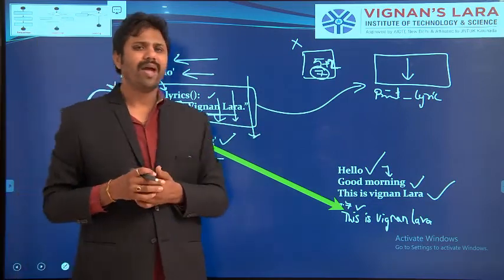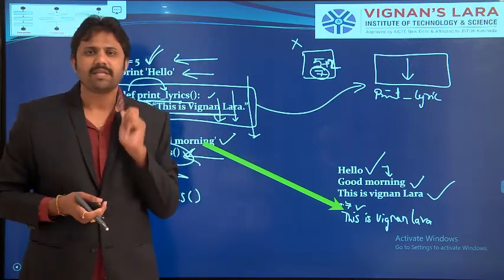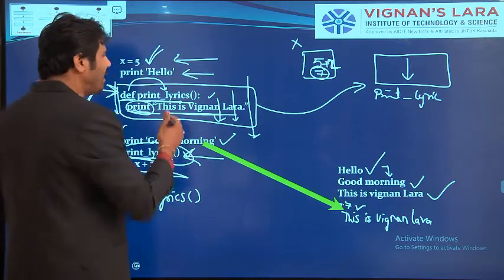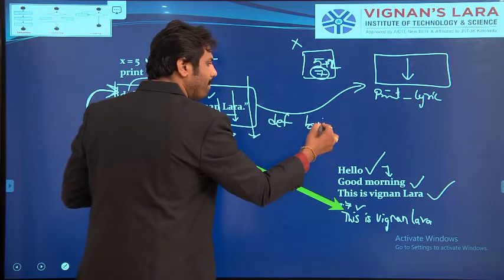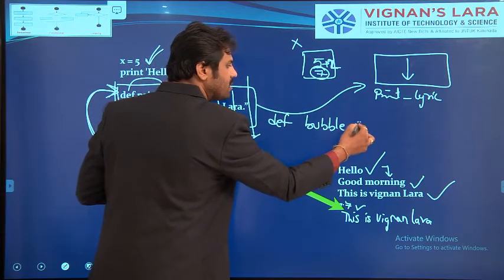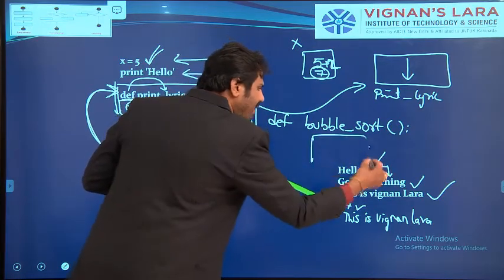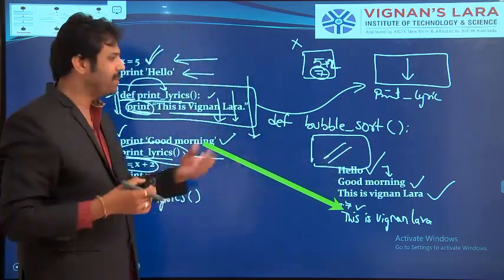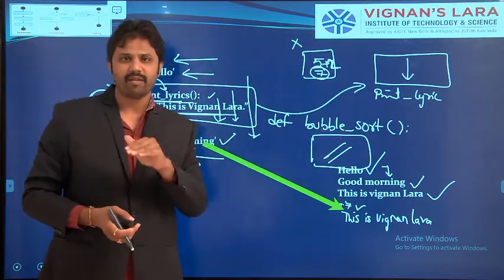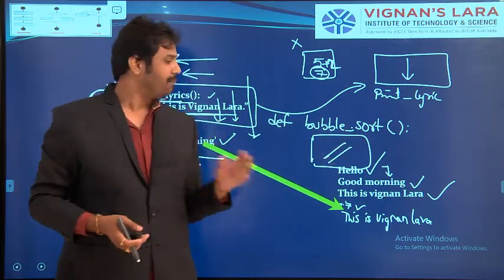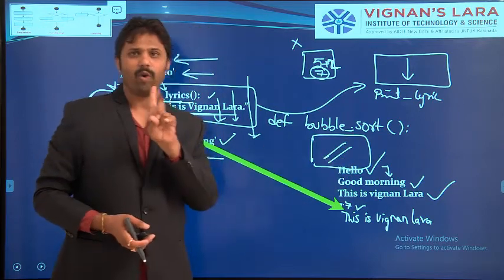For example, we have seen sorting techniques, bubble sort. If you write a function for bubble sort, def bubble_sort, I write my code for that bubble sort. This is some sorting operation, increasing order or decreasing order. I define bubble sort one time only.